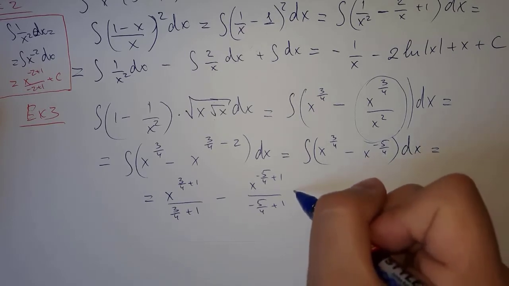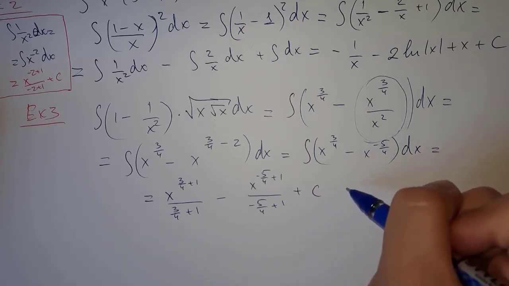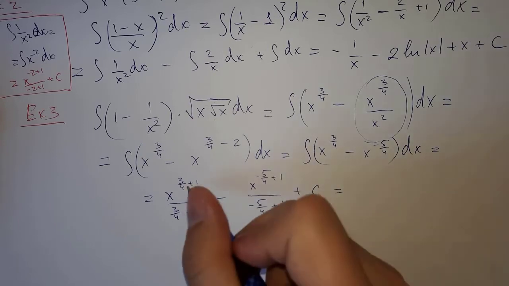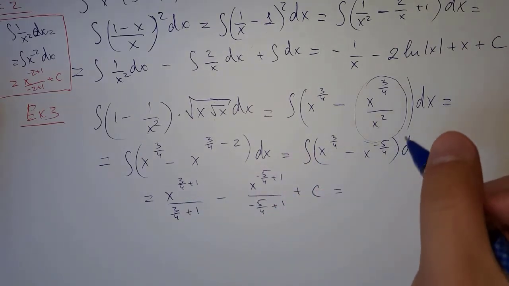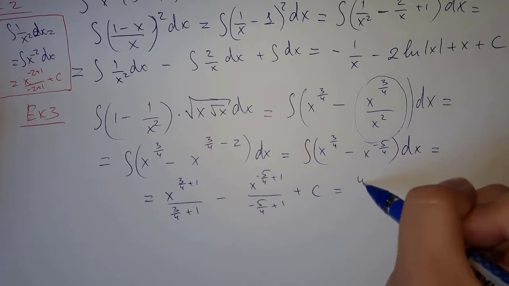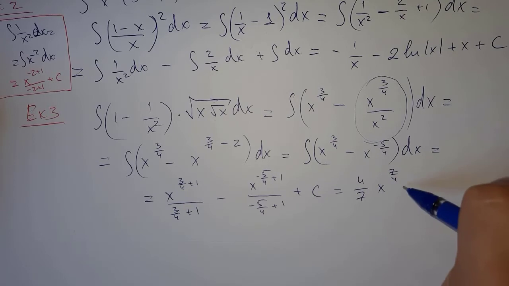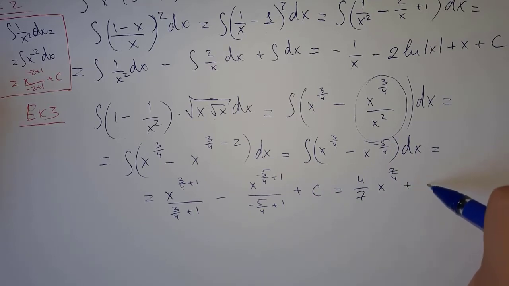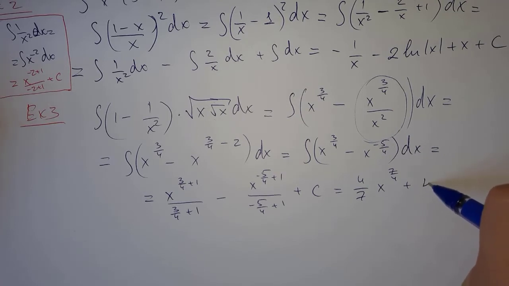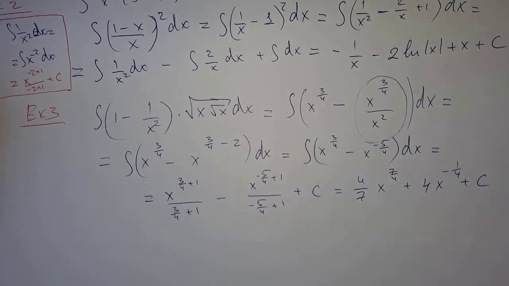So plus c, of course, and it will be now 7 over 4 and 7 over 4 here, so 4 over 7 x to the 7 over 4, and here we have negative 1, so it will be plus now in the middle, and minus 1 over 4 we get, so 4 x to the minus 1 over 4 and plus c. And this is the answer of our example.